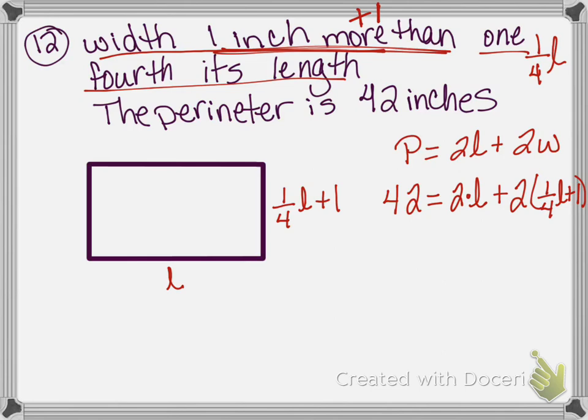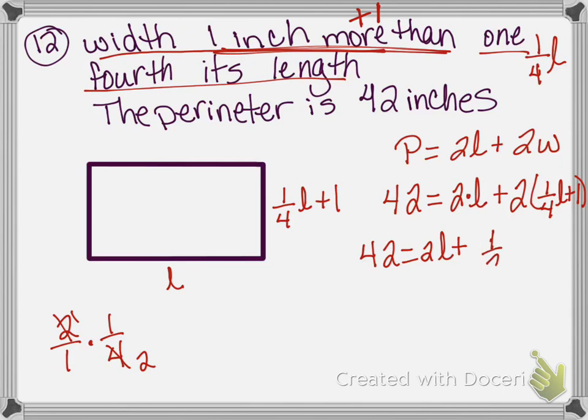Okay? Now we're going to have to deal with some fractions. So I have 42 equals 2L plus 2 times 1/4. That's 2 over 1 times 1 over 4. What does that give me? 2/4, and 2/4 is?